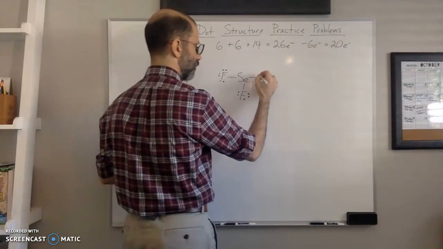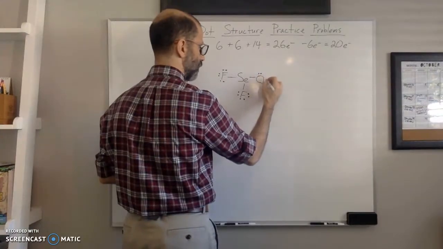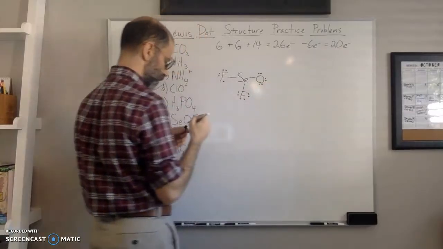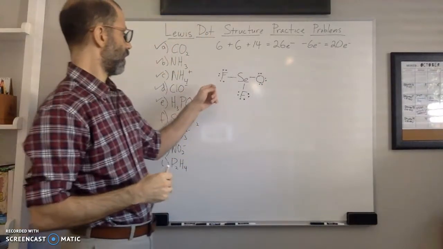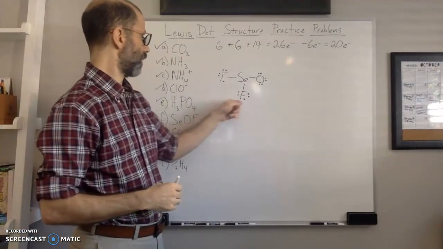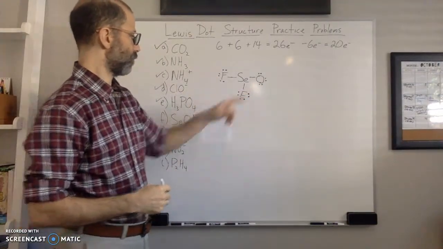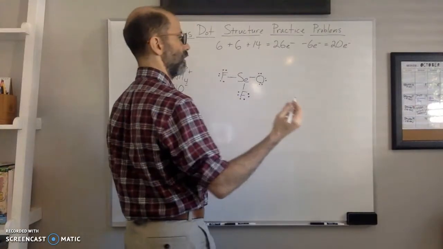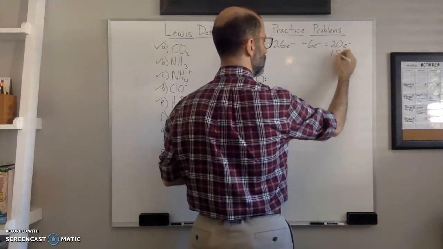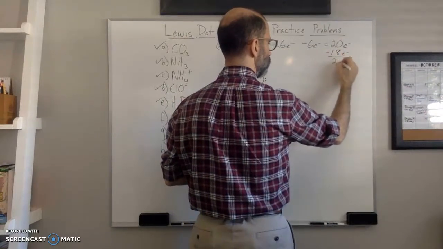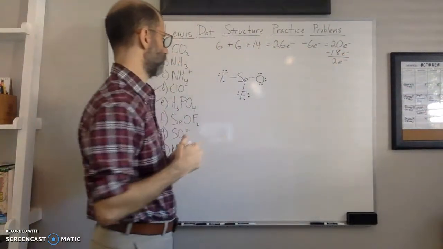And oxygen has 1 bond, so it needs 3 lone pairs. So 3 each, that's 3, 6, 9. So 9 total. 9 times 2 is 18. And so we subtract 18 and we have 2 electrons left over.